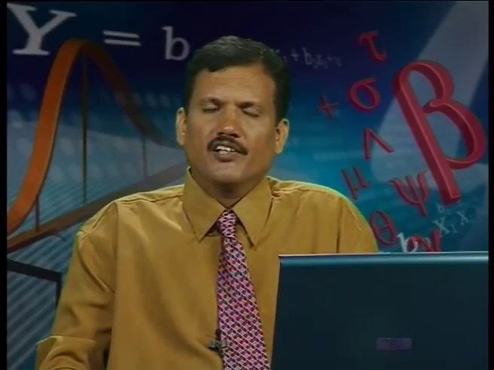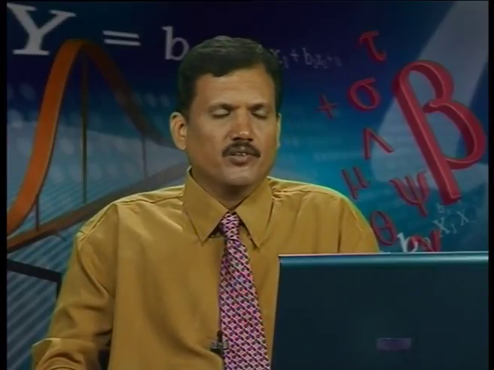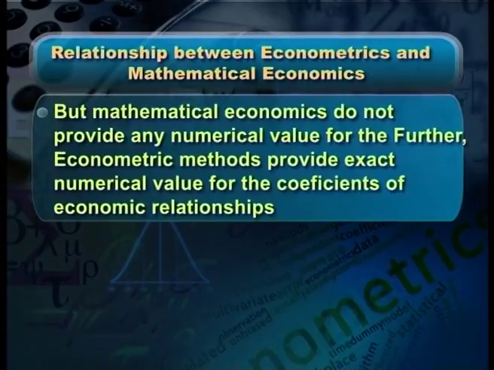As I said earlier, if there is a 1 unit change in price, how many units will demand change, or if there is a 1 unit change in the consumer's income, how many units will demand change. That can be measured with econometric techniques, whereas mathematical economics does not provide any numerical value for the coefficients.